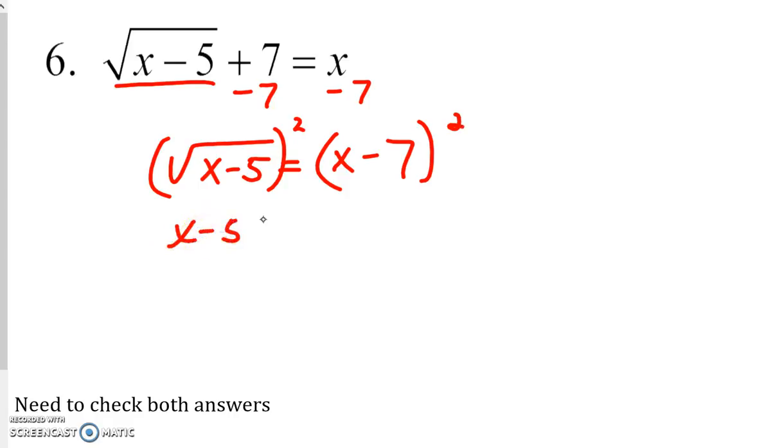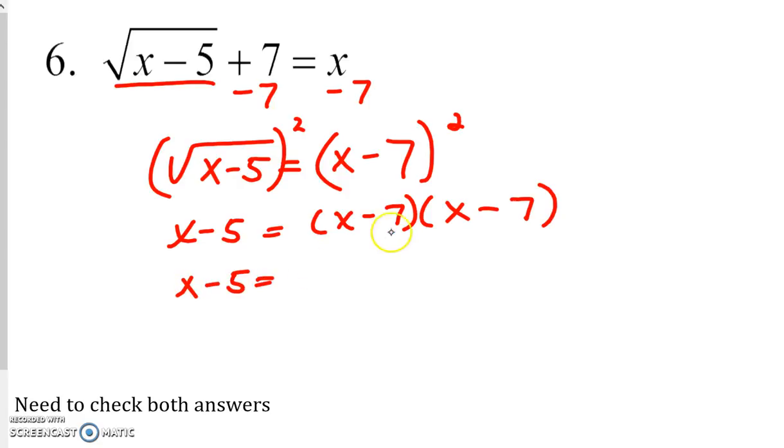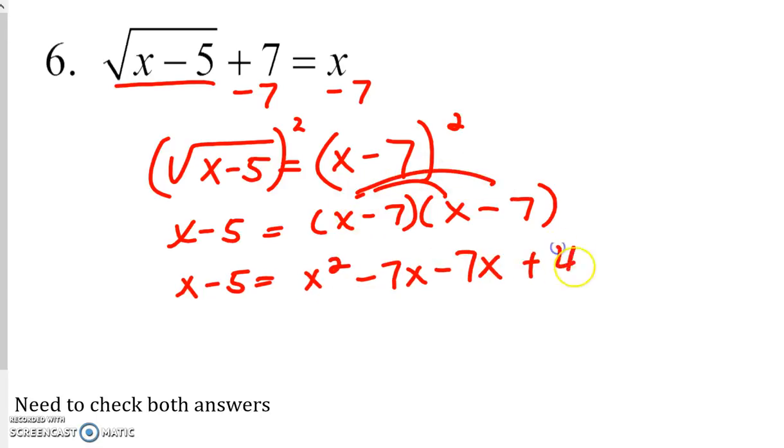So this side actually is very easy. It's this side that becomes a little harder. x minus 7 squared is not x squared plus 49 or minus 49. It's x minus 7 times x minus 7, which means we have to do what? FOIL. So x minus 5, x squared minus 7x plus 49.